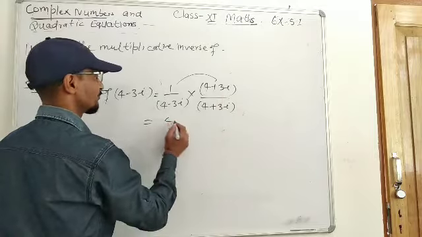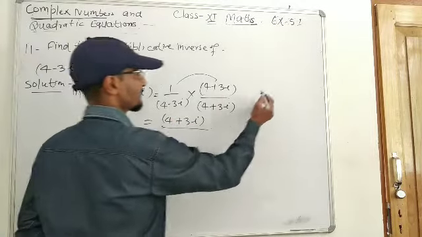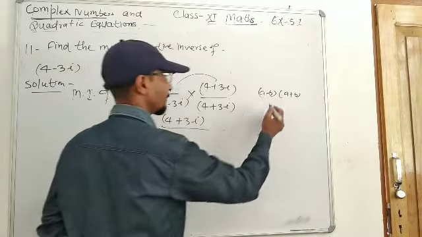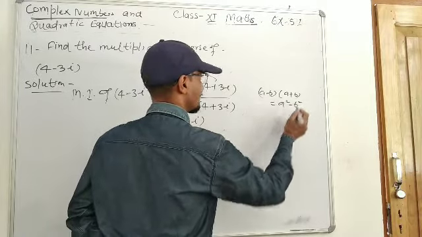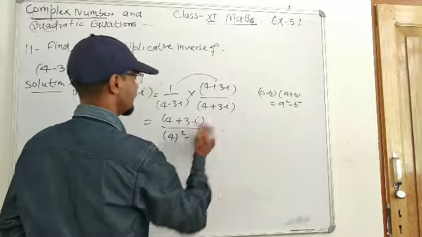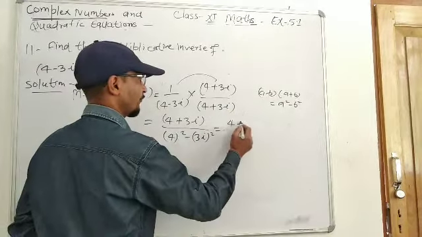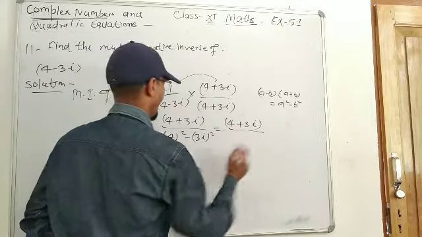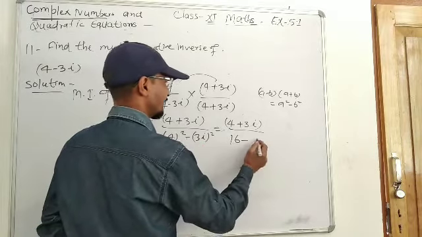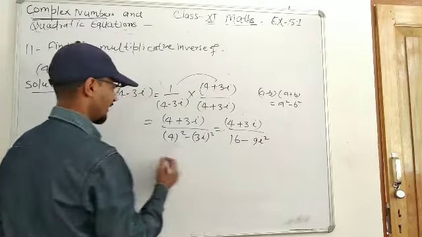This into this, 4 plus 3i, and it is a minus b, a plus b. This formula gives a square minus b square. So a is 4, its square, and b is 3i, its square. Here a square, 4 square is 16, minus 3i square, 9i square, since 3i into 3i is 9i square.